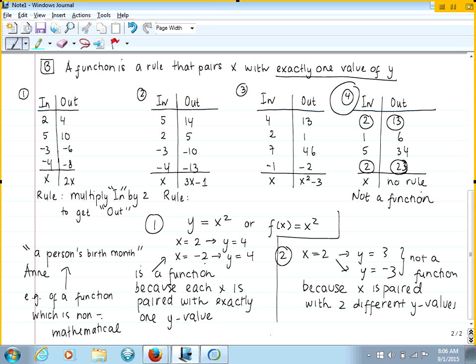Come on, you can do it. A pet? Oh, so a pet. Can an owner have 2 pets? Yeah, so it's not a function.